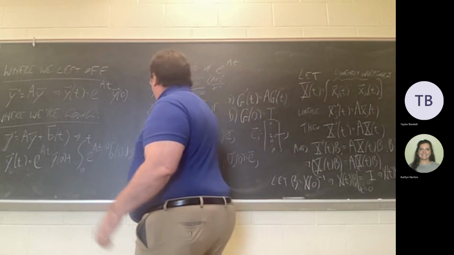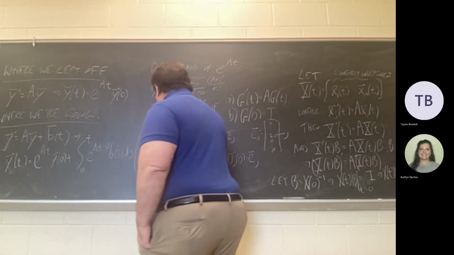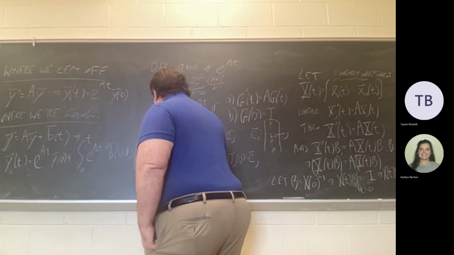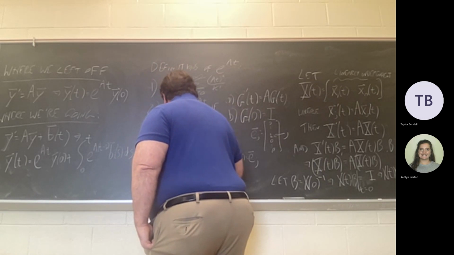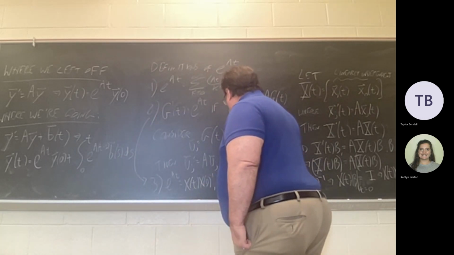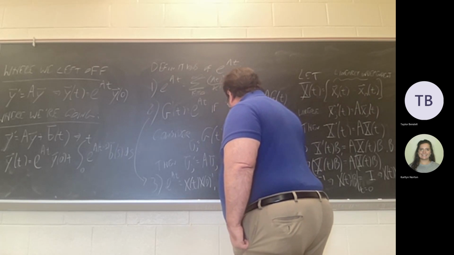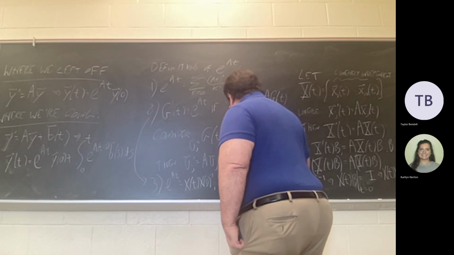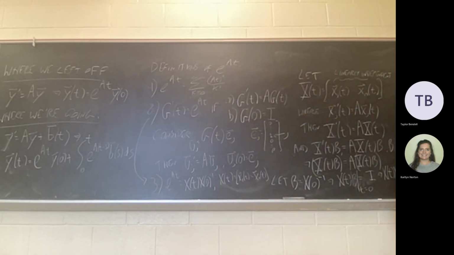So following these two definitions, I now have my third one. E to the At is X of t times X of 0 inverse, where X of t consists of, as columns, n linearly independent solutions.